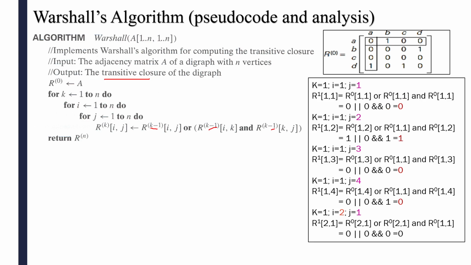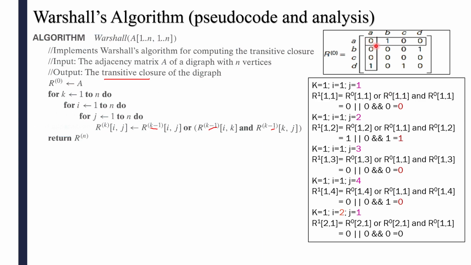In the same way, now it is R or R of k minus 1, R of 0, where the k value is 1 and the j value is also 1 here. So now this is your equation, and next we have to check what the value is in R of 0 at 1, 1. 1, 1 means the first row and first column. What is the value here? It is 0. In the same way, the OR is a logical OR, and R of 1, 1 is the same thing, first row, first column.